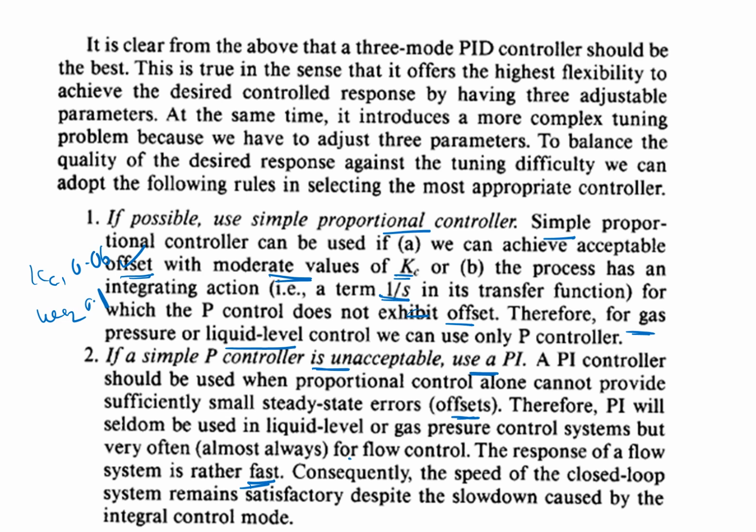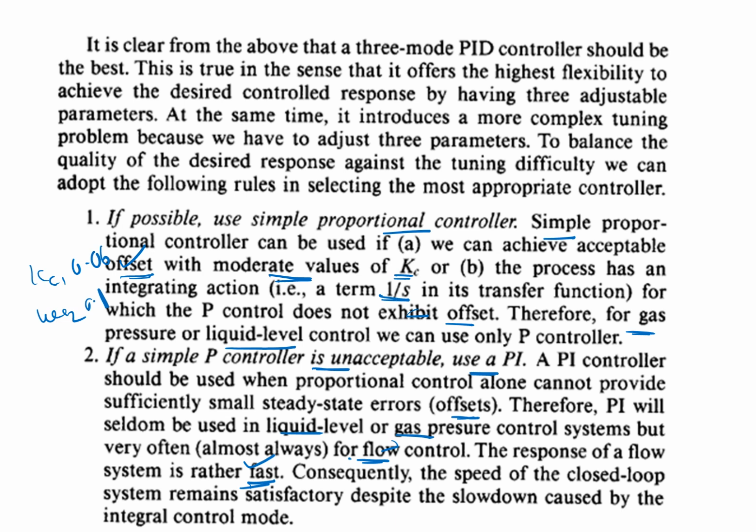PI will seldom be used in liquid level or gas pressure, but very often for flow control. The reason is flow control is a faster process compared to liquid level and gas pressure. If the process is faster and the control is also faster, then your overshoot will be too much.